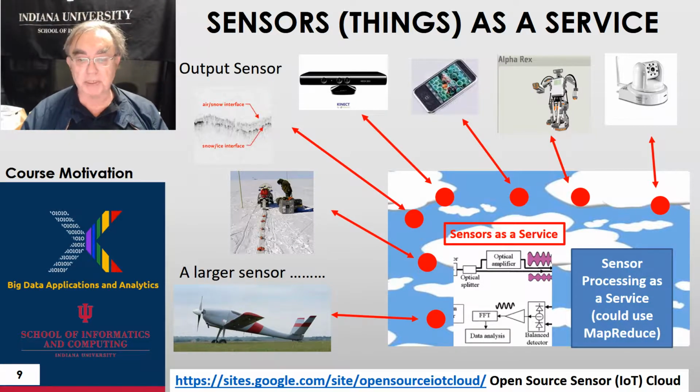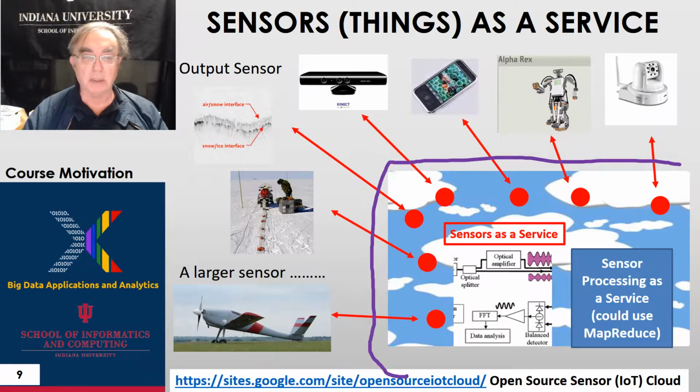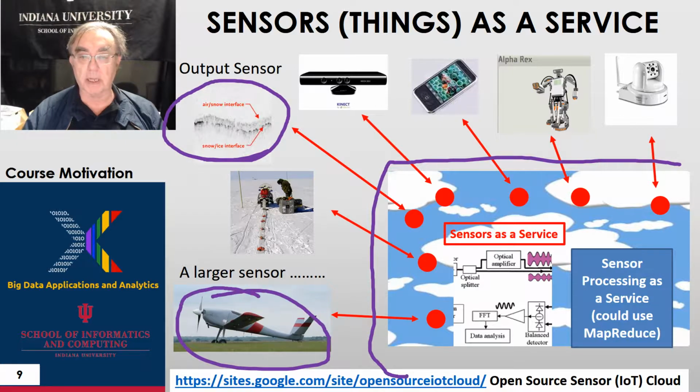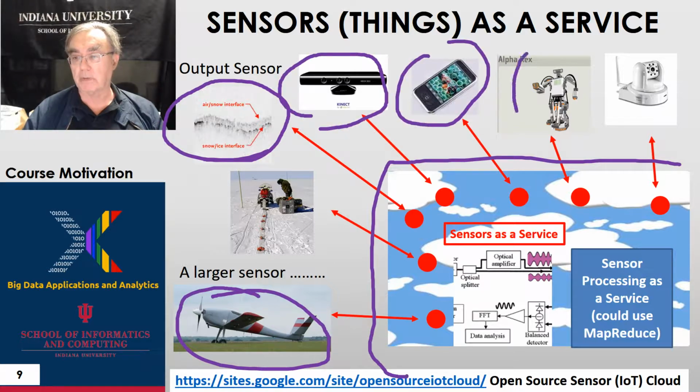This is my picture pointing out how the cloud controls. Here's the cloud, and here are all your sensors. Here's a scientific sensor. Here's a sensor that might run on an aircraft. Here's a Kinect, a smartphone, a Lego robot, and a webcam, and they're all feeding into the cloud.